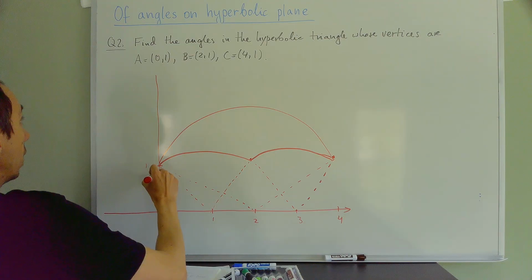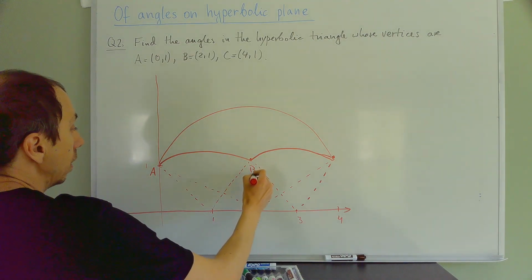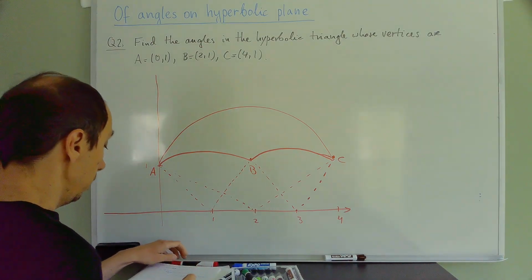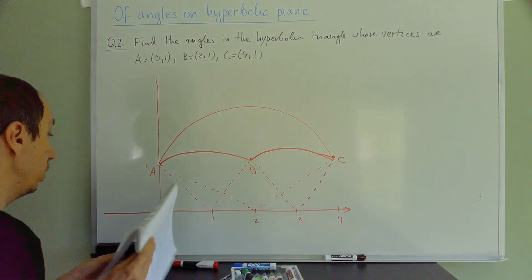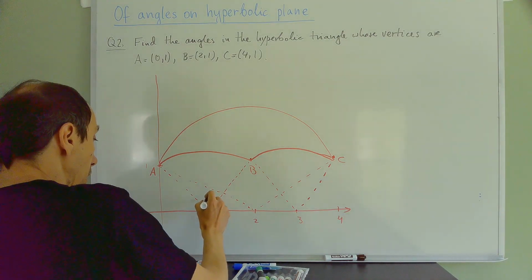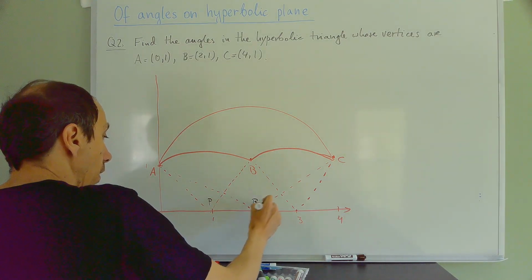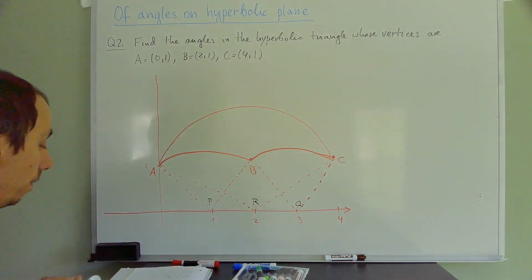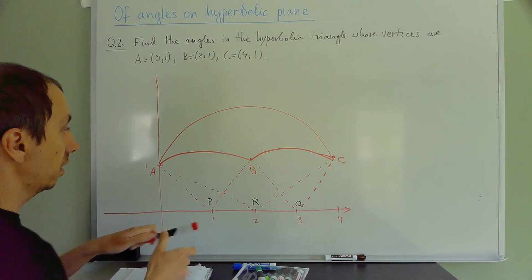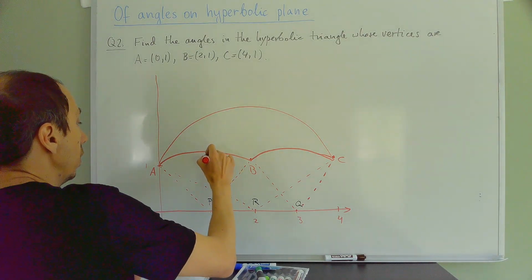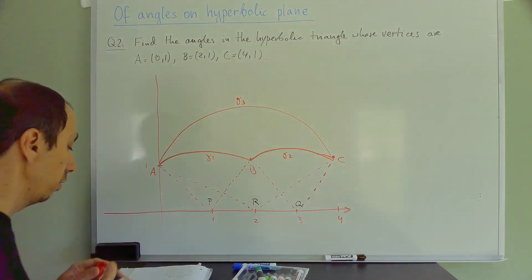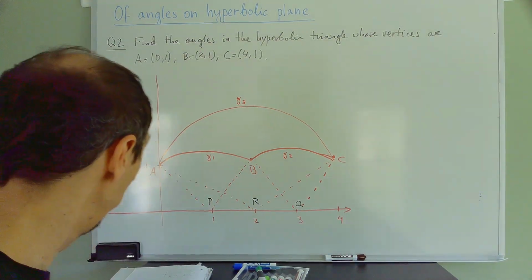This is point A, B, and C. Let's give them some names, maybe P, R, and Q. Okay, so I have several geodesics here. If you wish, this could be gamma 1, gamma 2, and gamma 3. So let's find the angles in this triangle.